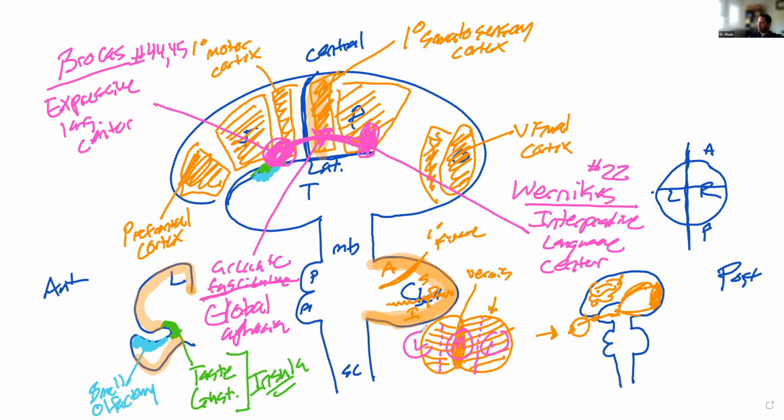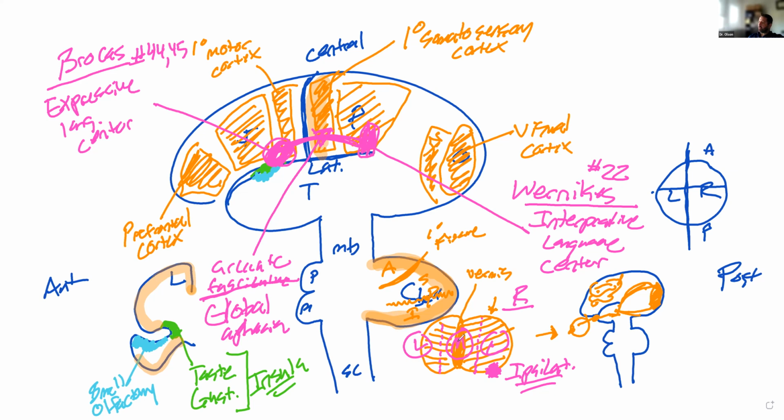If you get a lesion on the lateral side of your cerebellum, you will have an ipsilateral dysfunction. We're talking about equilibrium, balance, posture. So individuals with a right-sided lesion in their cerebellum will typically fall to their right side. So it's ipsilateral.